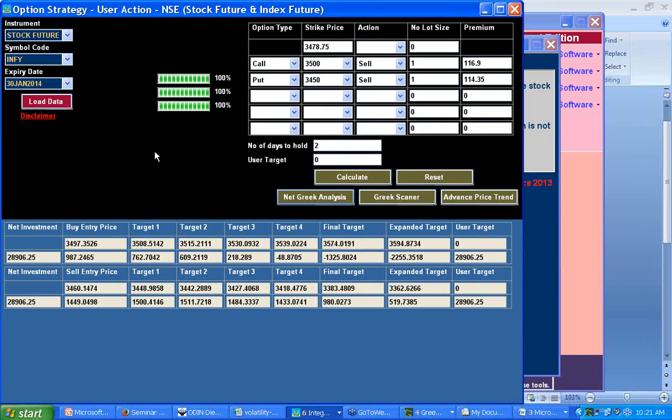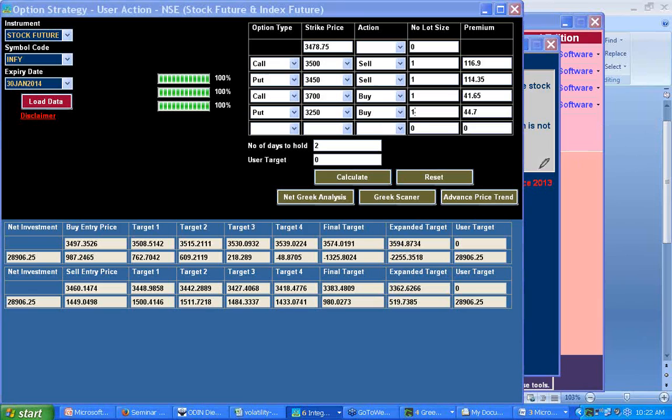Nothing wrong if I buy a call option of 3,700. So some amount of money I can sacrifice. Or I can buy one put option of say 3250, 200 points I am giving, because I am receiving 230 points.